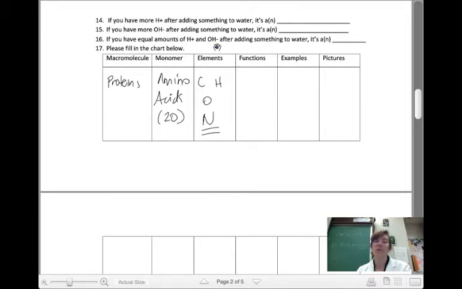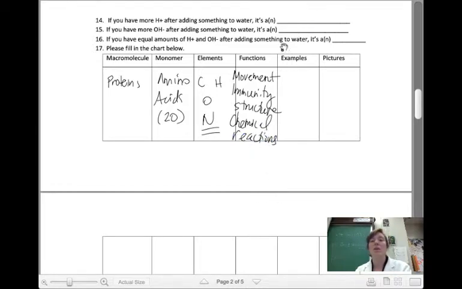The functions of proteins are many. So we have movement because they help us with our muscles, immunity because they help us stay protected from illness and disease, structure, they help build things in our body, and then chemical reactions is a big one. They take care of our chemical reactions.